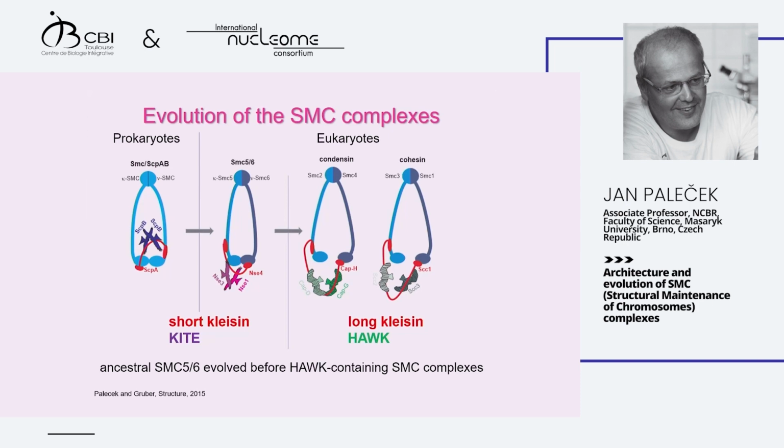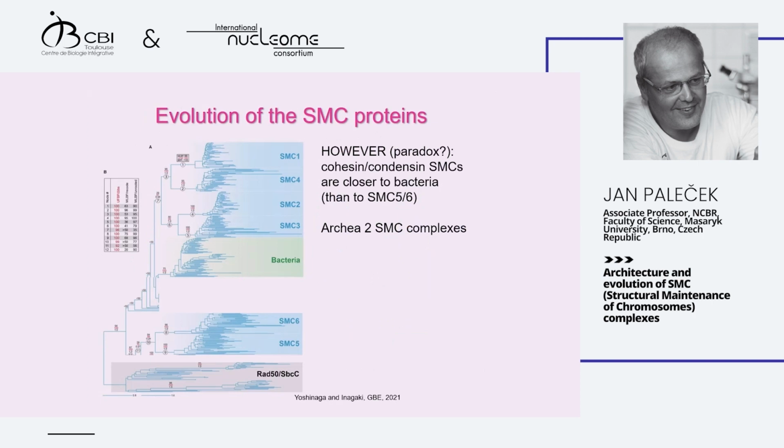But there is one paradox in this evolution. When you look at the SMC protein sequences of cohesin and condensin, SMC1, SMC3, SMC2, SMC4, they are much closer to bacterial sequences than SMC5/6, which should be somewhere between them, of course, if the evolution went through SMC5/6.